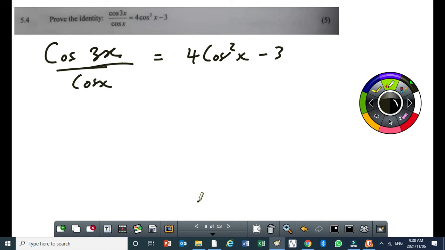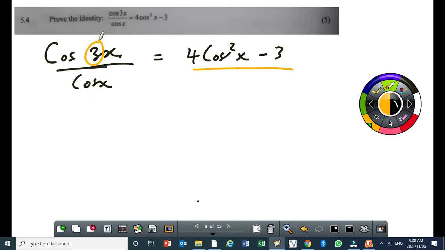So here, you can't simplify the right-hand side. This is already simplified, so you can only simplify the left-hand side. But I'm sure you can see that there is a 3 here. That 3, we have to split it up into 2x plus x. We are applying compound angle, and also double angle.